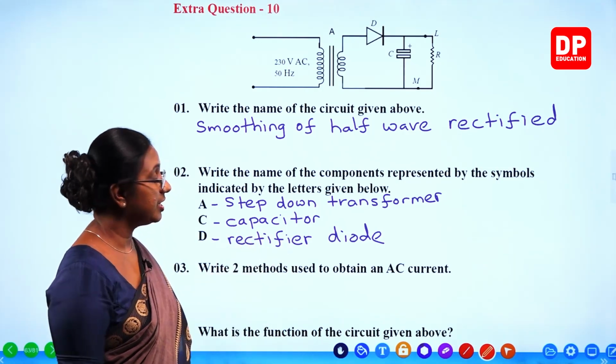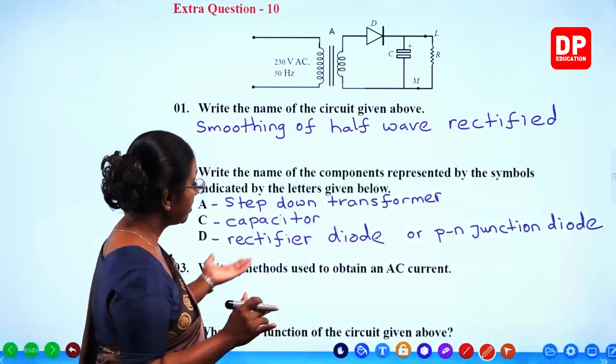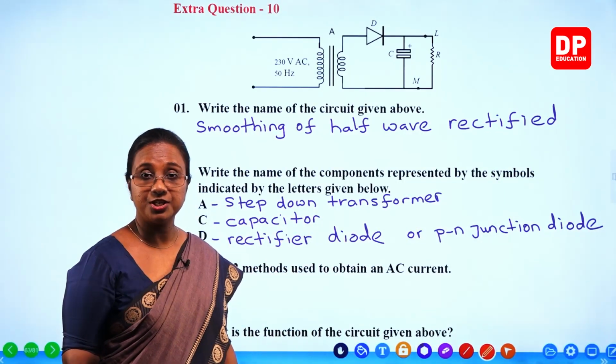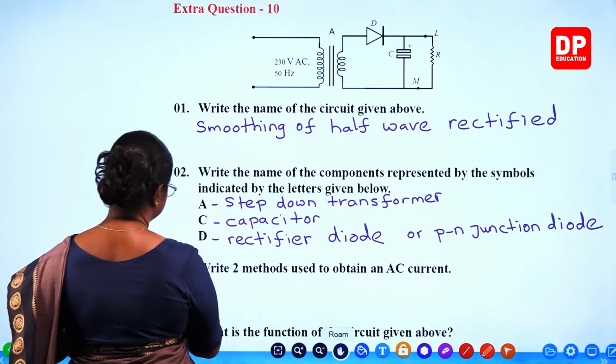You can even mention it as PN junction diode. That is also fine. They all correspond to the same diode. Rectifier diode, diode or PN junction diode. One of the answers is fine.